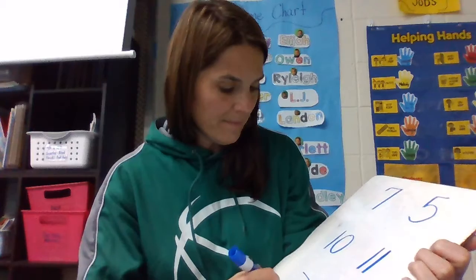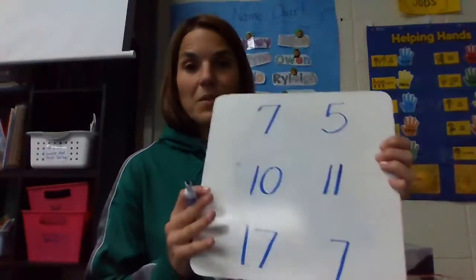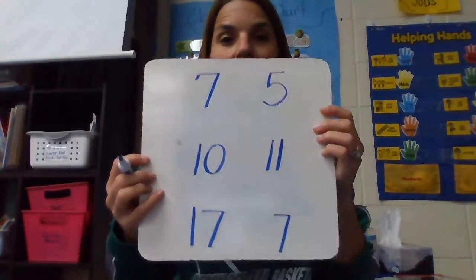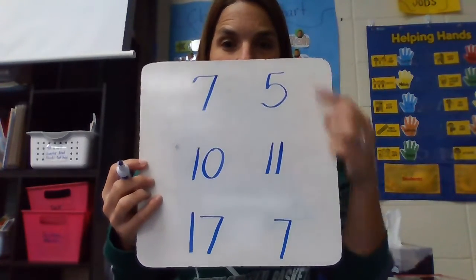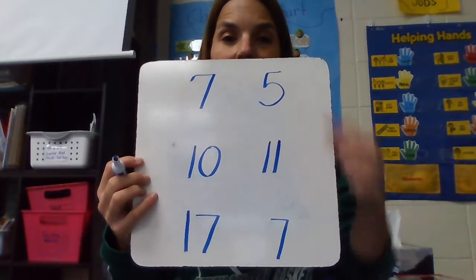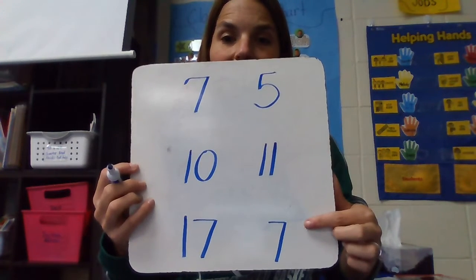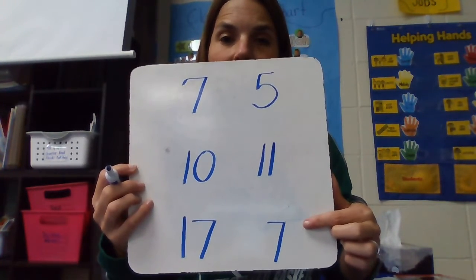And like I said, I want you to tell me these 3 numbers, which ones are more. So here we go. Which one's more? 7 or 5? 10 or 11? Or 17 and 7? Out of those, which number's more here, here, and here? So tell your parent.